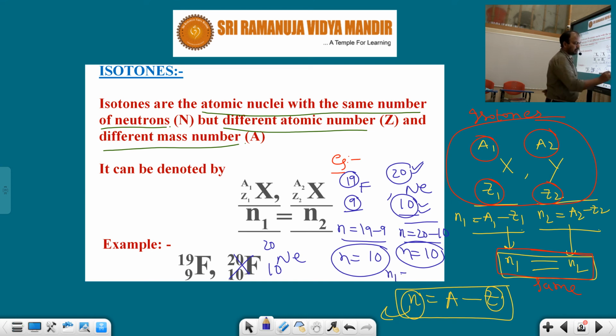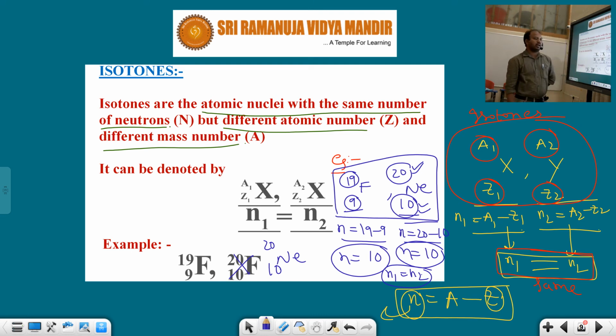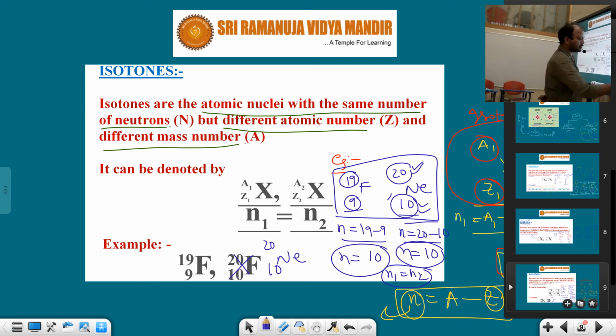Both have the same number of neutrons. So two different elements with different atomic numbers and different mass numbers but the same neutron numbers are called isotones. That's why the example I have taken, fluorine-19 and neon-20, are isotones. And last but not least, what will be there?